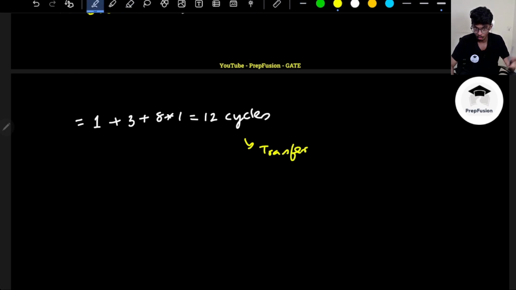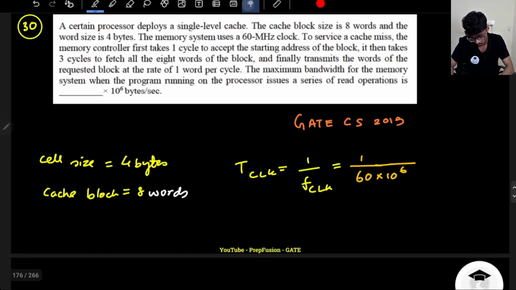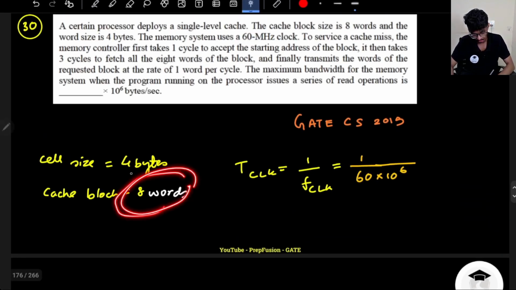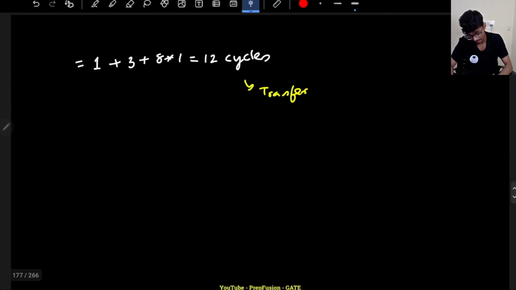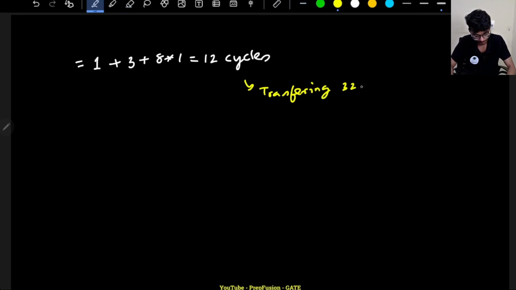I am transferring a block of data from the main memory to the cache memory. So a block has 8 words, and each word is 4 bytes. They have told me that word size is 4 bytes. So if word size is 4 bytes, that means I am transferring 32 bytes of data.